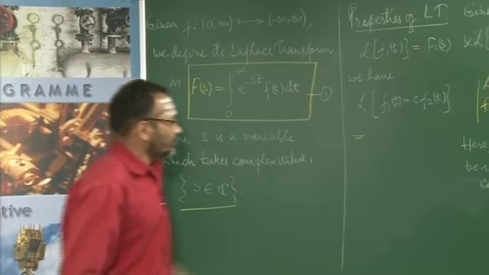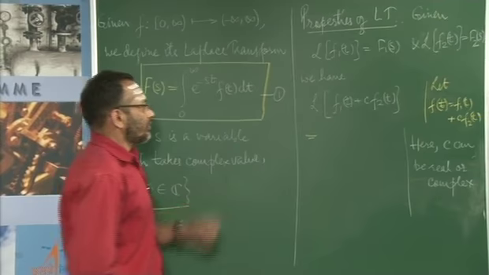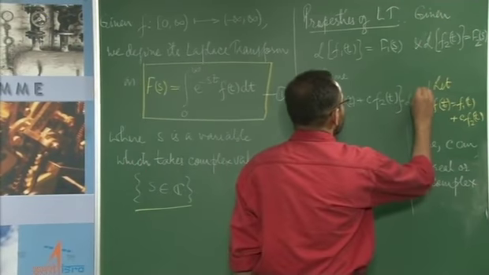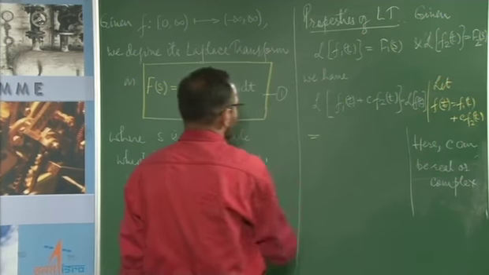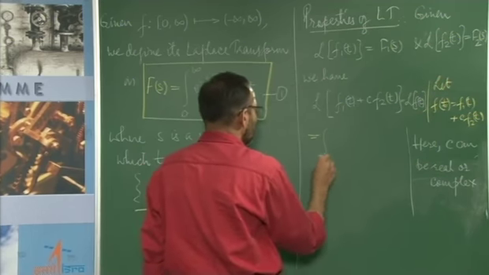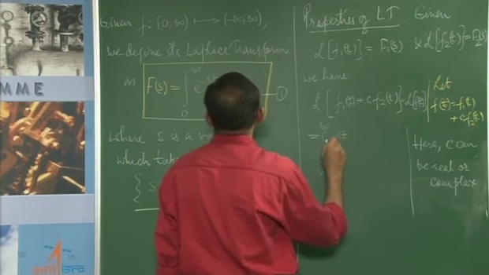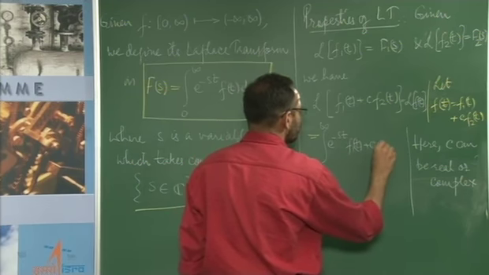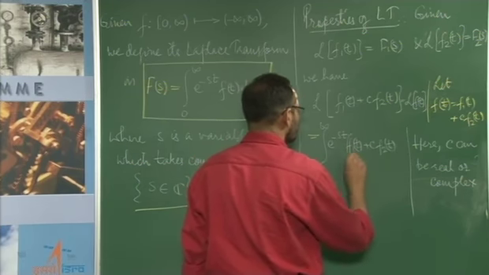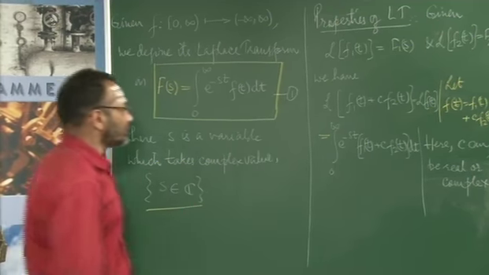All right. Now, with this, let us get back to this. Now, this is L of f of t, and that turns out to be, let us go back and apply this using 1, the integral from 0 to infinity of e to the power of minus st times f1 of t plus c times f2 of t, dt. Now, I am going to split this into two integrals.